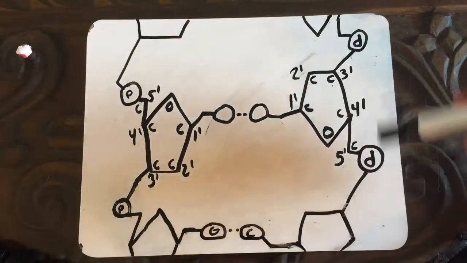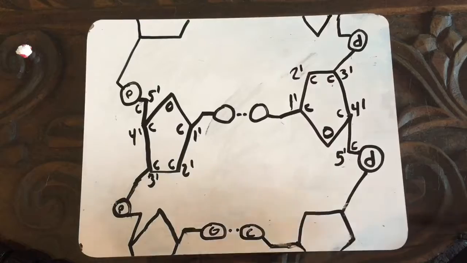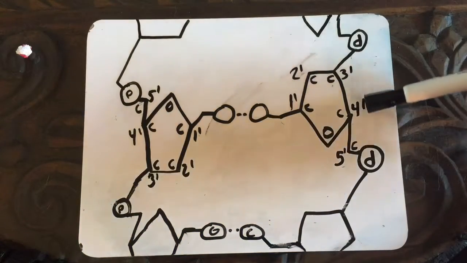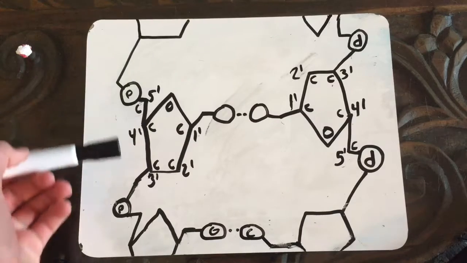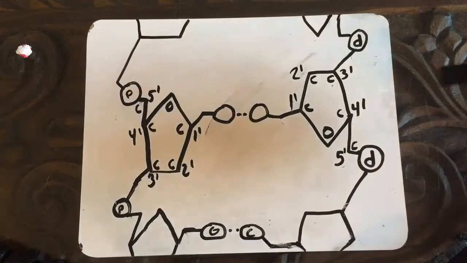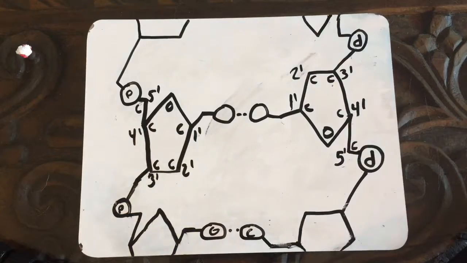On the outside of each strand, the carbons will either be numbered 3', 4' to 5', or, in this case, 5', 4' to 3'. That's where we get the 3' to 5' directions, or the 5' to 3' directions.